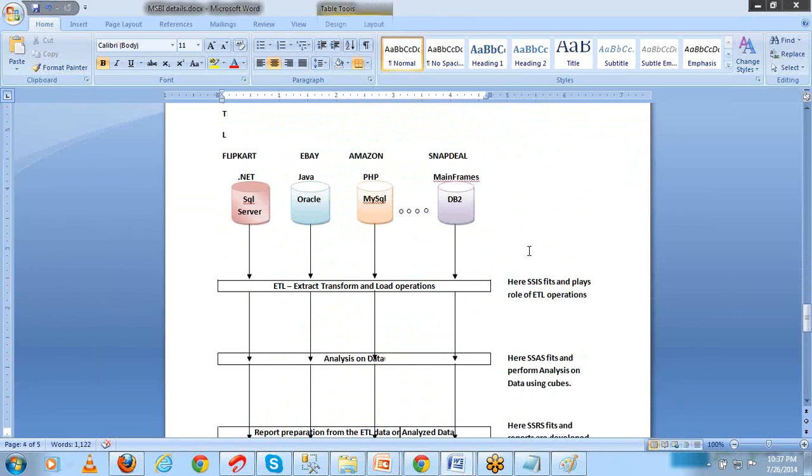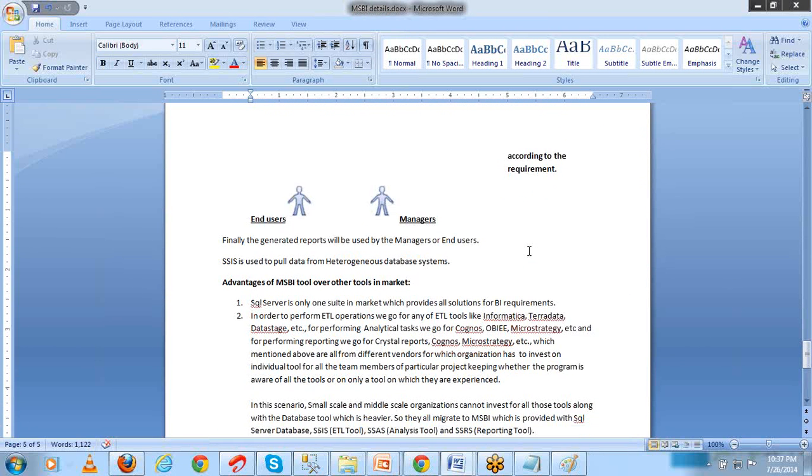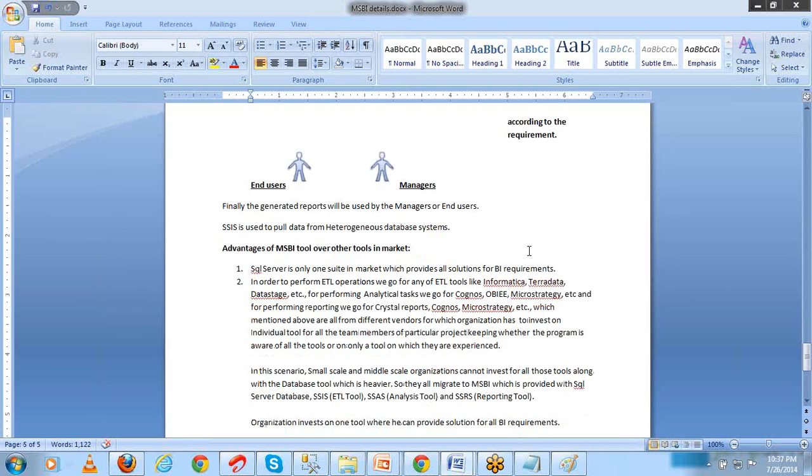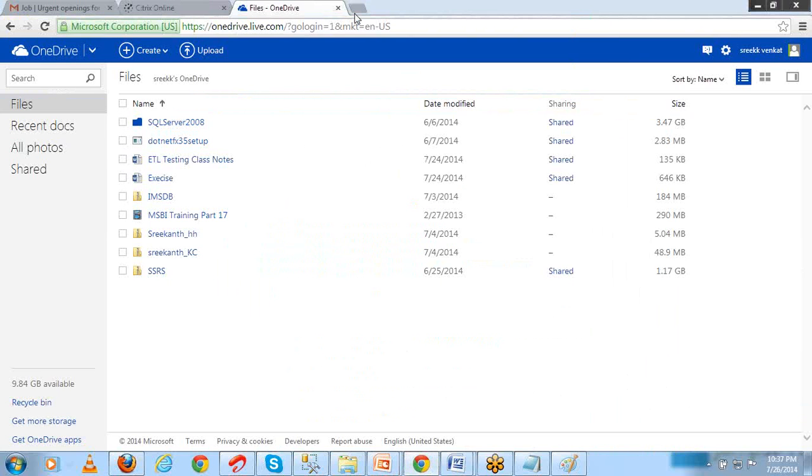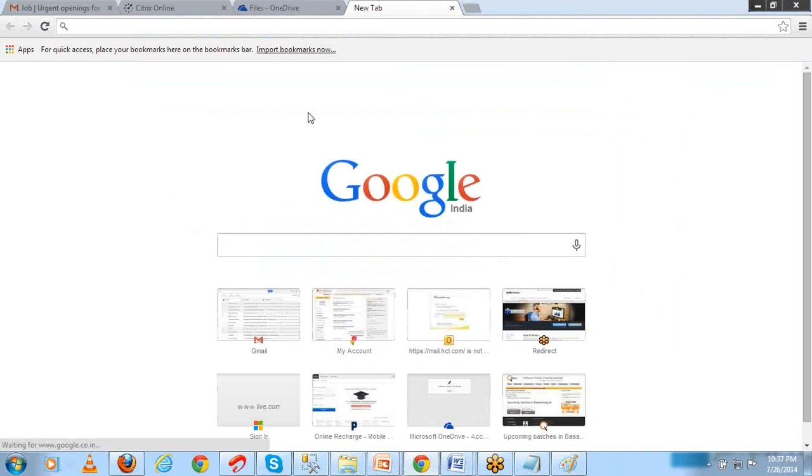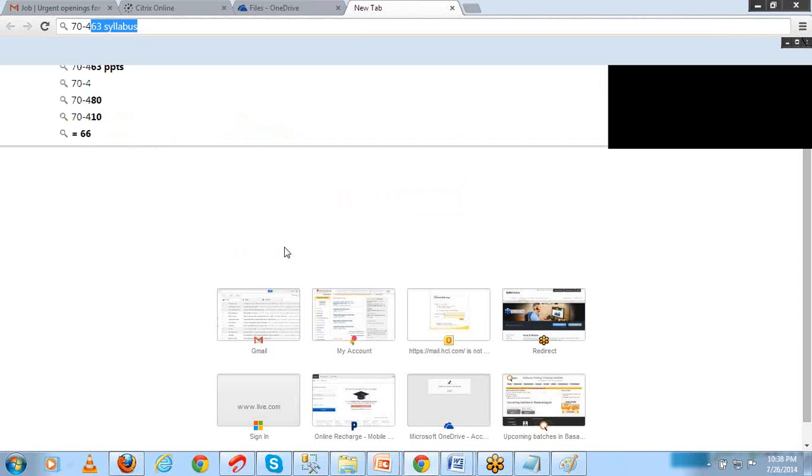Now coming to certification. There is a toolkit. You download the toolkit. 70463 is the certification. Do you know this code? Yeah, the main purpose for this certification is that it is required for my job at the moment. Yeah, I know. Not only you, I got two other students from the UK.